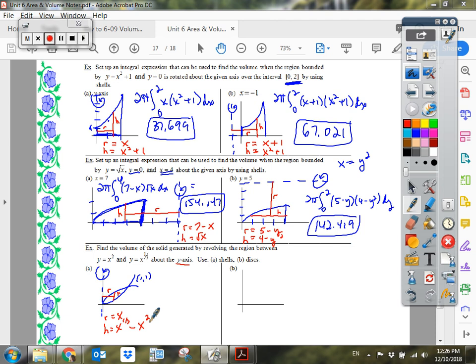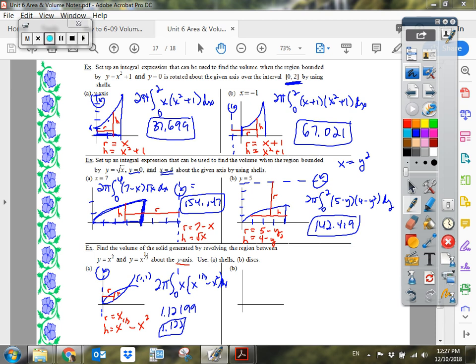Okay, so let's write out our formula. 2 pi integral, and these are x bounds, so 0 to 1 of r, which is x, times h, which is x to the 1/3 minus x squared dx. I work that out and I get 1.12199 or 1.122. That's with shells.